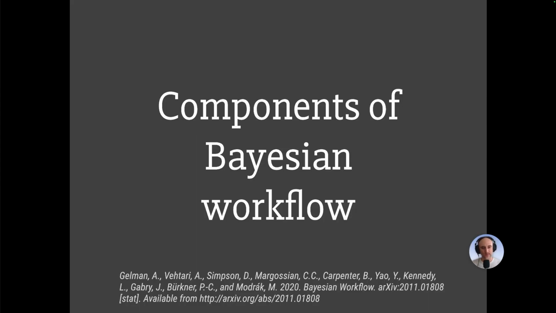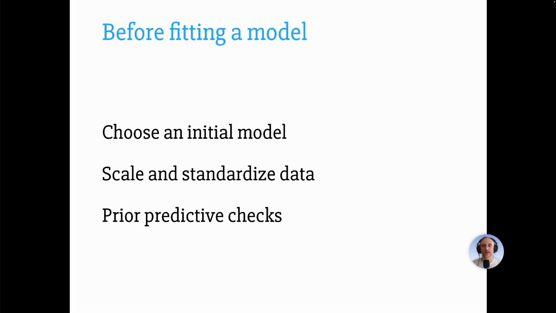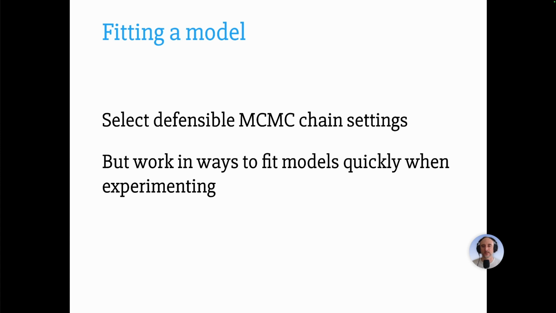So let's talk about what the components of a Bayesian workflow are. Before fitting a model, we have to choose an initial model to start with, possibly scale and standardize the data, which we've done throughout several examples. We may conduct some prior predictive checks based on our understanding of the system and the rough scale of the data that we know is possible. We then fit a model.